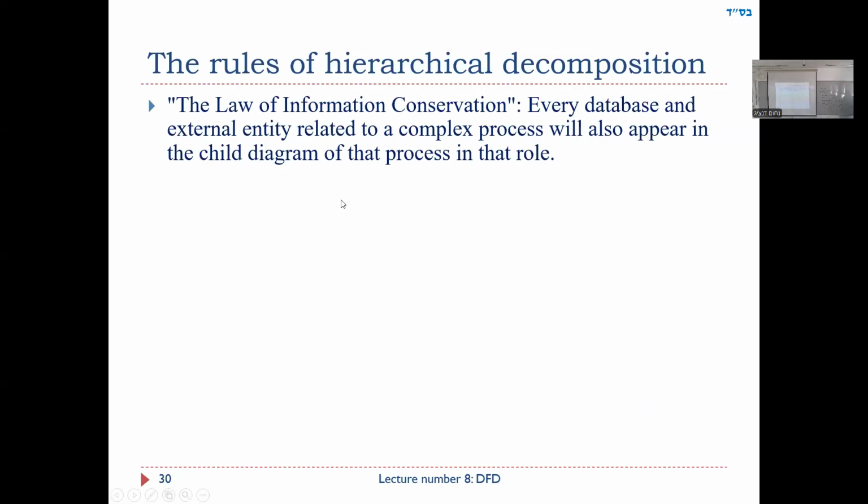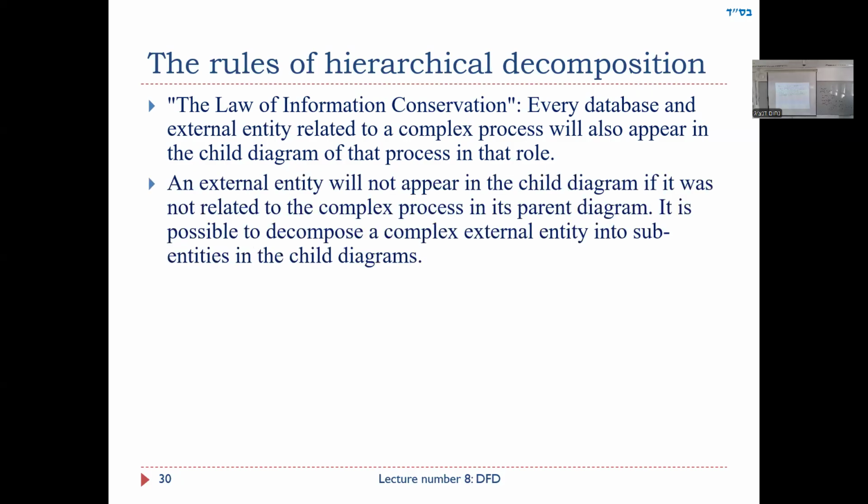That's what he said. So every database related to a complex process will appear in the detailed version of that. An external entity will not appear in the child diagram if it was not related to the complex process in the parent diagram. In other words, you can't invent new recipients or new givers of data that you didn't see before.